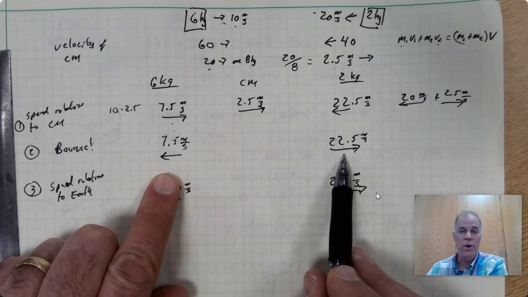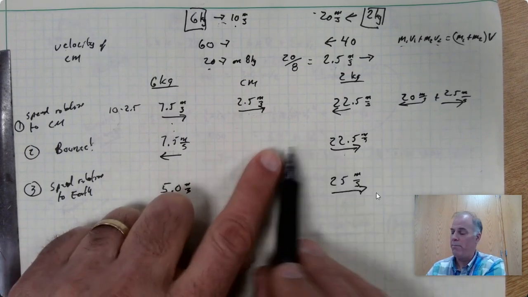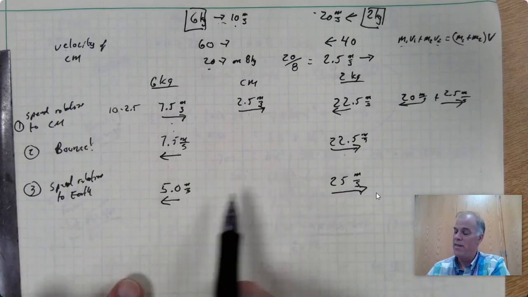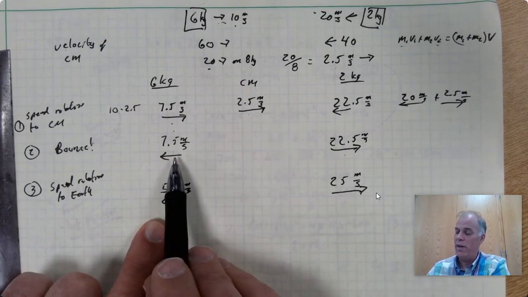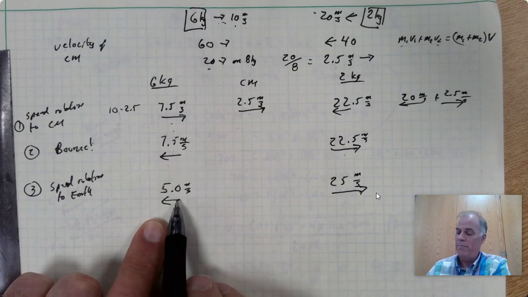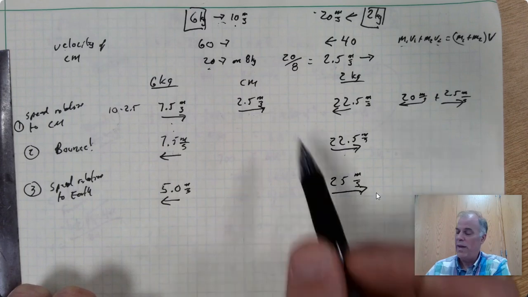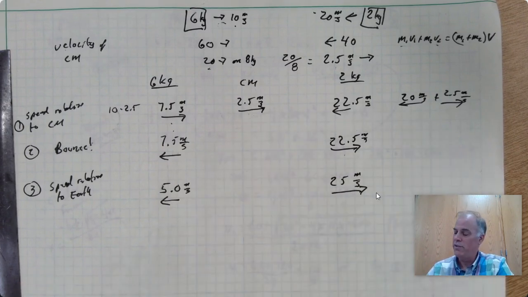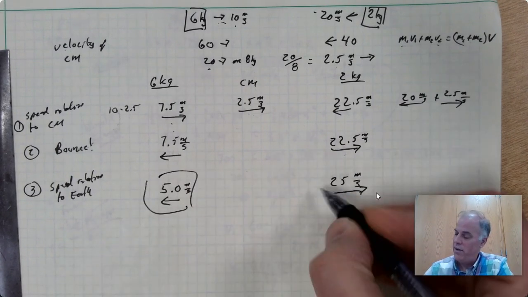Then we reverse those because when they bounce, they go out at the same speed relative to the center of mass that they came in. And then finally, for the last step, we find the speed of our objects relative to the ground. So we have to subtract out the speed of the center of mass. And that's it. This is actually the answer.